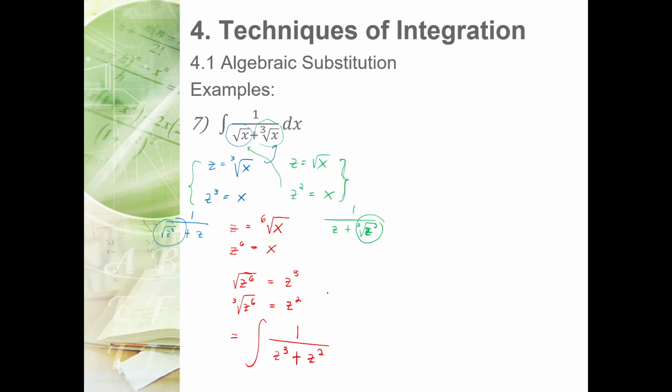Then that is the dx. Of course, for us to be able to get dx, get the derivative. So 6z to the power of 5 dz is equal to dx. So times 6z to the power of 5 dz.